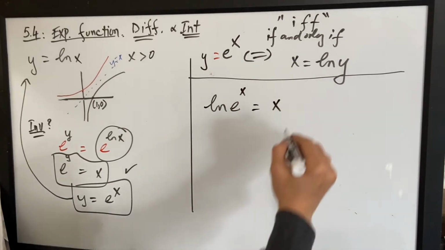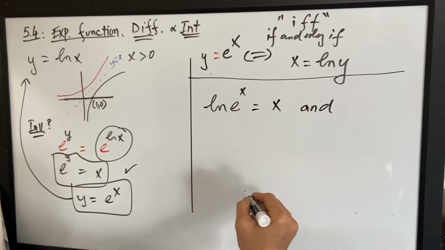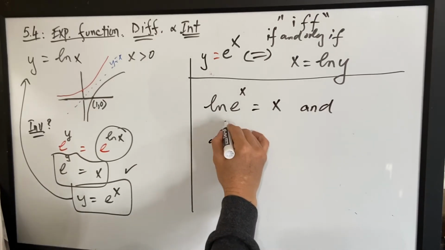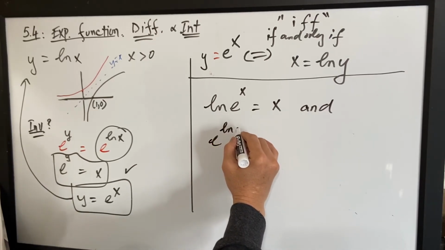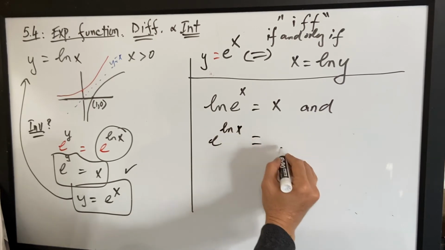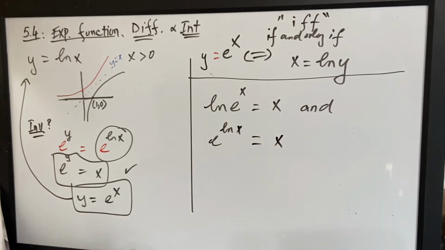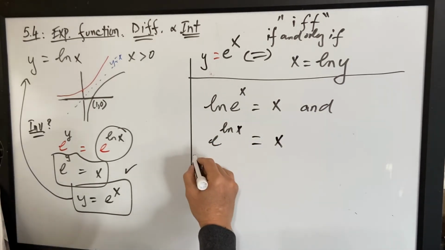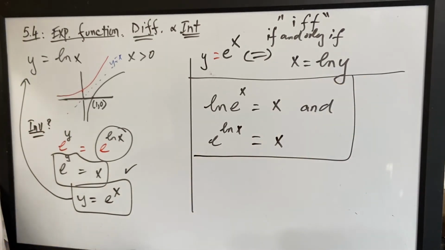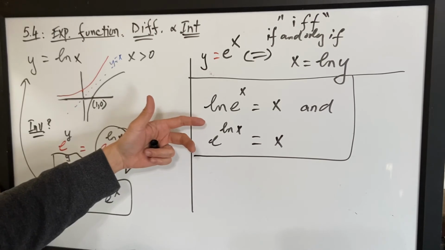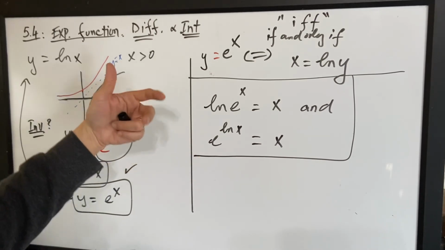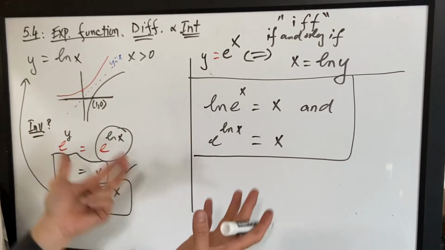Very good. And what else? e to the ln x also gives you x. These properties are very handy and very productive when it comes to logarithmic and exponential functions to solve for the variables.